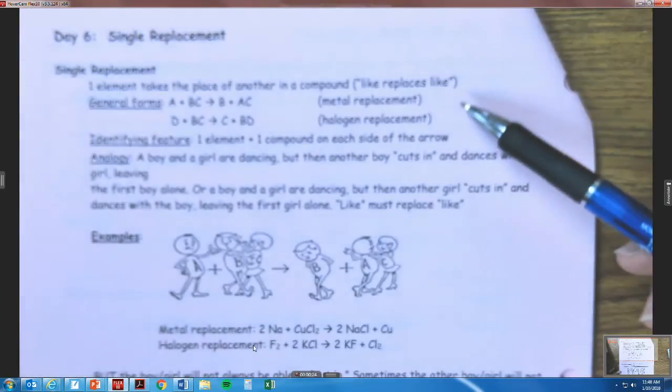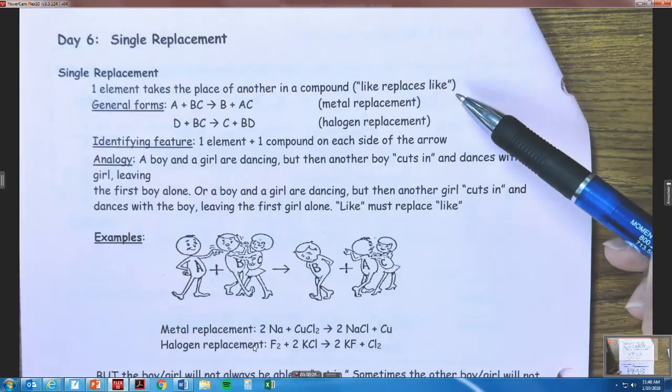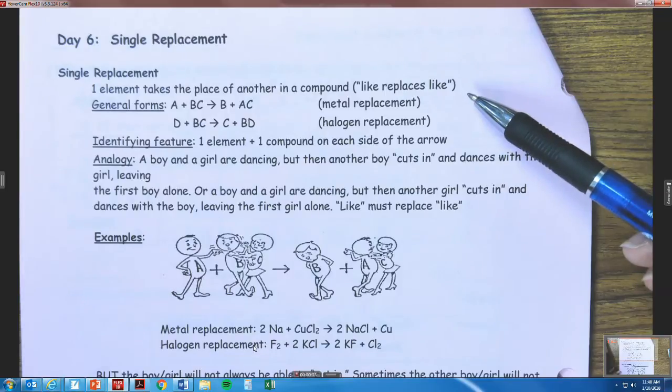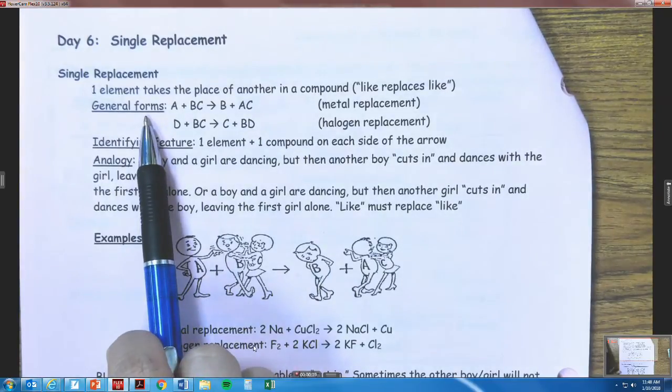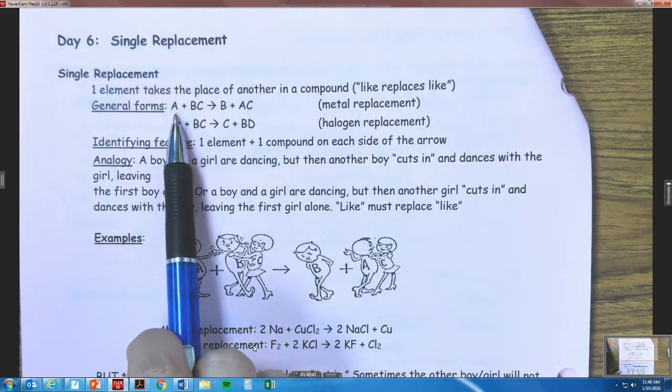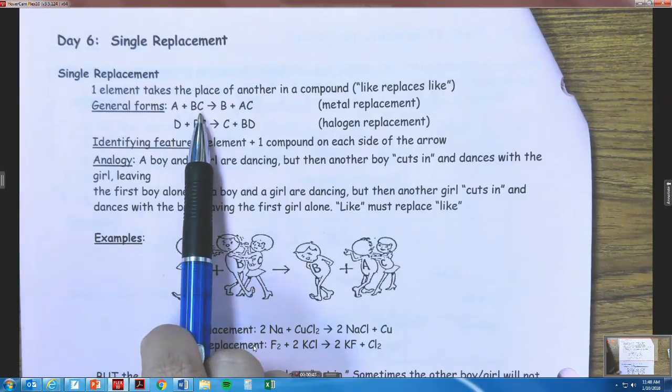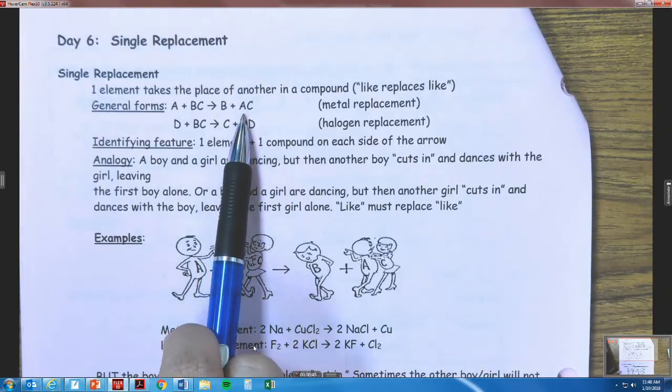This is going to be the most important term or quote that you're going to use for single replacement and double replacement, which we'll talk about later on. Okay, so your general form for single replacement is that you are always going to have A plus BC yields B plus AC.